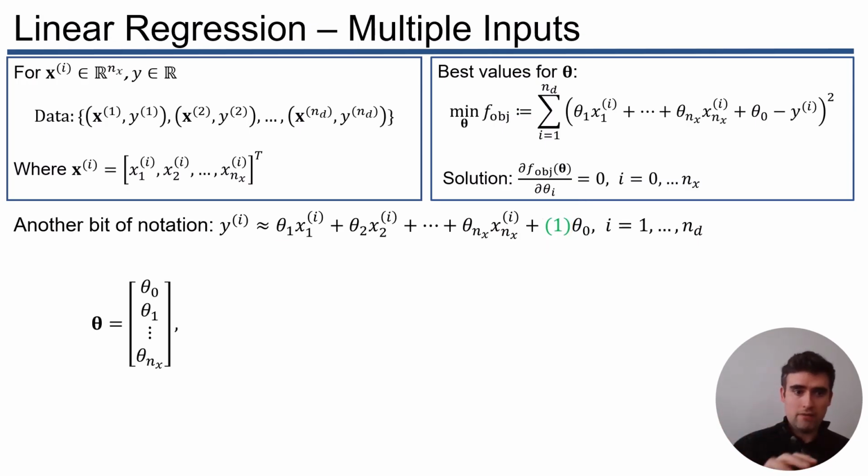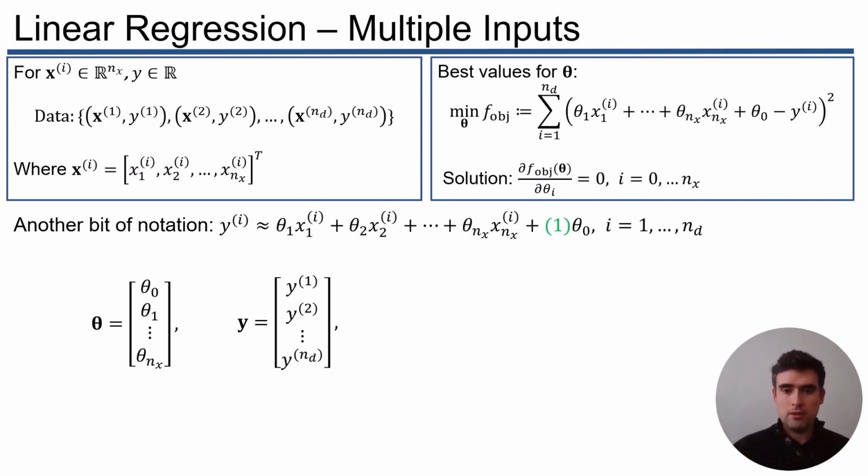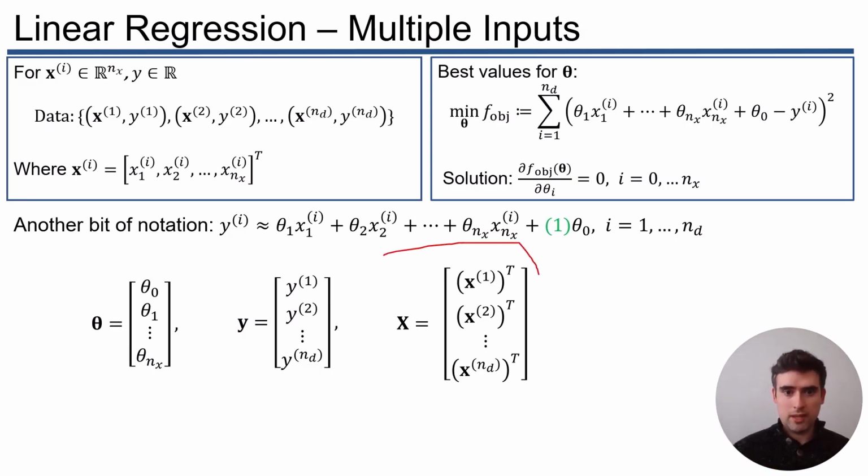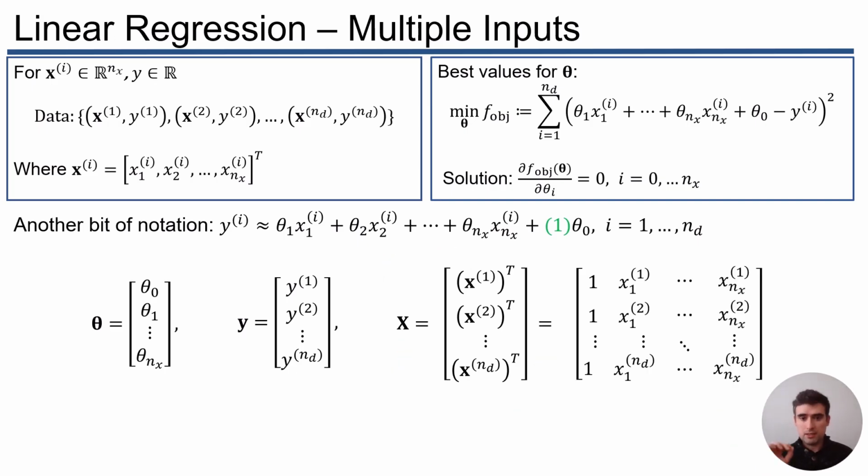So now I define the vector theta of parameters, then the vector y of outputs, and each of these, for example, is the price of a house. And then I define the matrix that I had before. These are the matrix of the features. But now this matrix is a bit different. I'm going to be adding this 1 as a column over here.